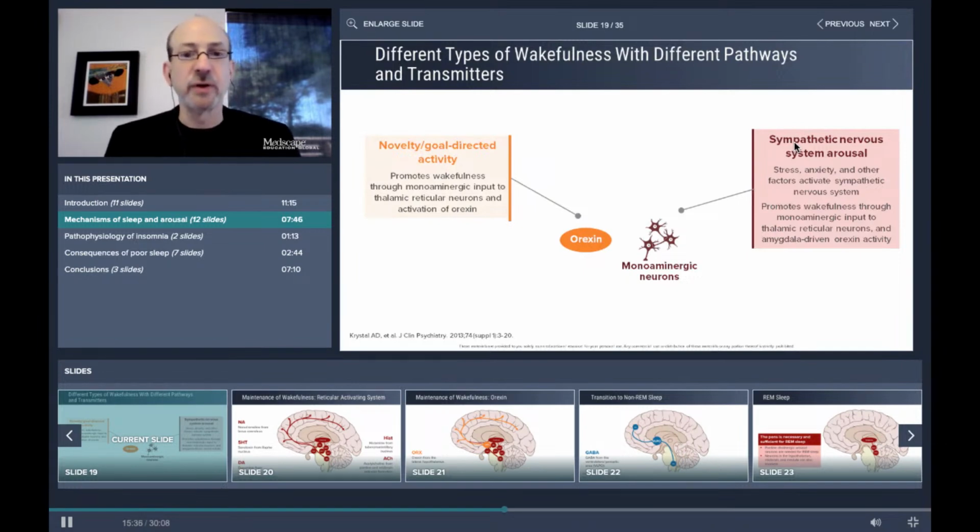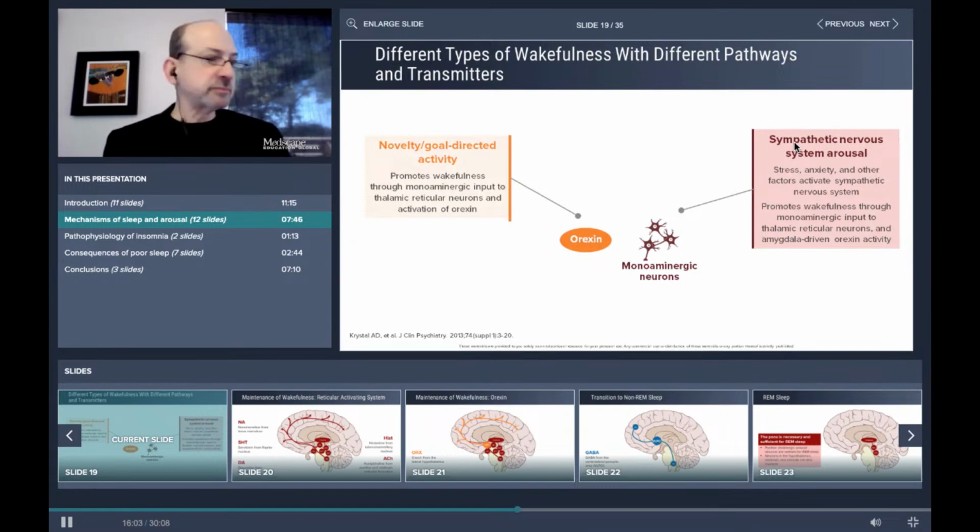So one of those situations is on the positive side, when there's novelty or people are interested or excited about something, that these neurons will promote wakefulness. So just imagine getting excited about some question you're looking up on the web, and you're pursuing it, and we have the capacity to stay awake when we get interested in something or something is important.